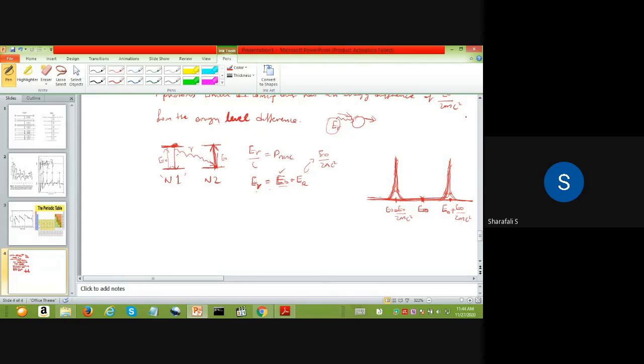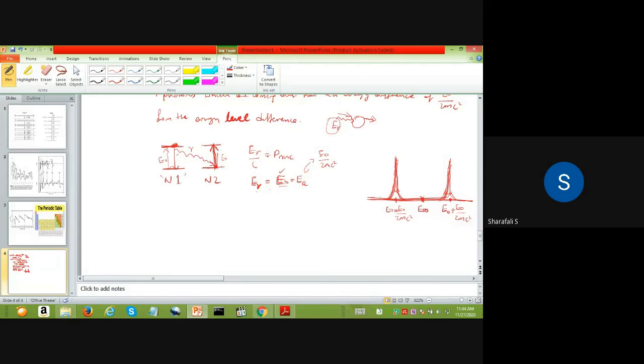One is emitting gamma radiation, and the other one is absorbing that gamma radiation. If both happen, then nothing will be observed. If only one happens, then the left side spectrum will be observed, because when it emits that gamma radiation, you will get that energy. Otherwise, you will have the right side one when the absorption happens. Okay.